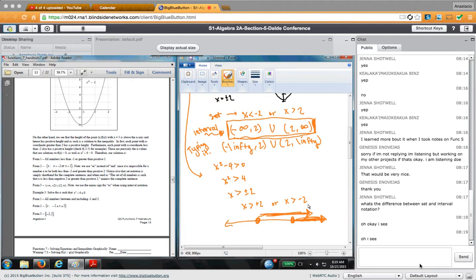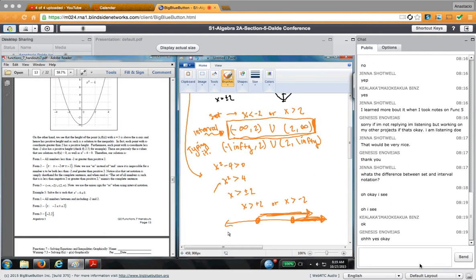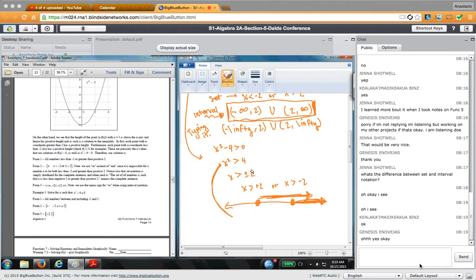And I think that what you have to do, to be honest with you, is you have to be careful with this part right here. x squared is greater than 4.